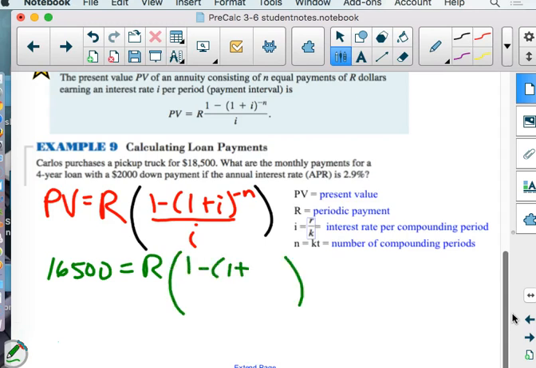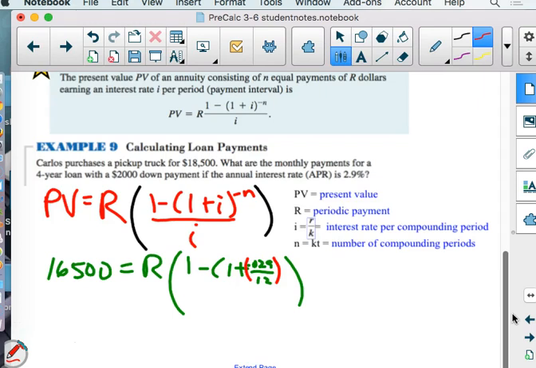1 minus 1 plus, and our interest rate, but per time period. So we've got 2.9%, 0.029. But when are we making these payments? Yeah, car loans, home loans, all of that stuff. Mortgages, I guess I should say, since that's a specialized name for home loans. Always going to be in monthly payments. But then we need to know how many payments are there going to be for the whole thing.